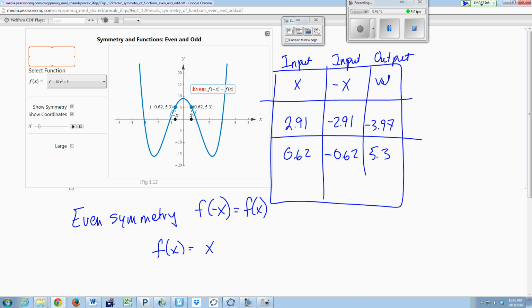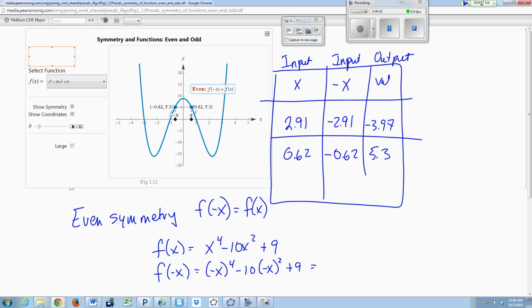F of x is x to the fourth minus 10x squared plus 9. And now I say, what is f of the opposite of x? And if they're the same, I know I have even symmetry for every single point in the domain. So where I see x, I replace it with the opposite of x. And if it comes out to be exactly the same as f of x, I'm golden.